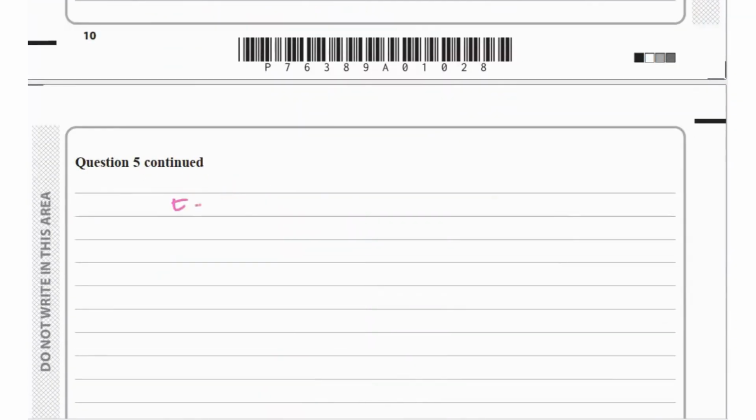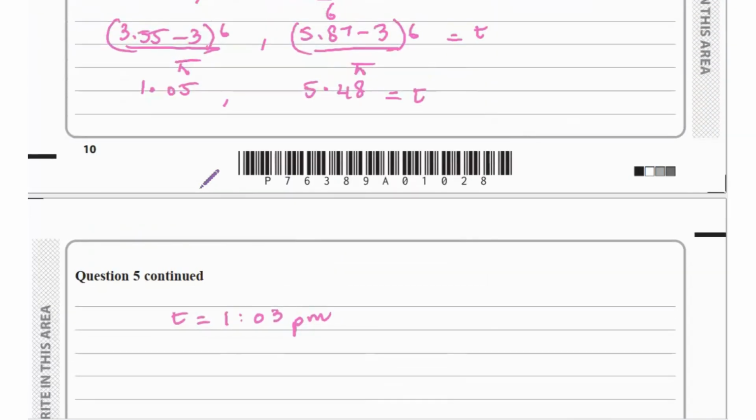For the time, it's going to be 1:03 p.m. because the value we got over here is 1.05. So 0.05 times 60 is 3 minutes. So the 1 hour gets added to 12, so that becomes 1 p.m., and then plus 3 minutes. So 1:03 p.m. That's your answer.